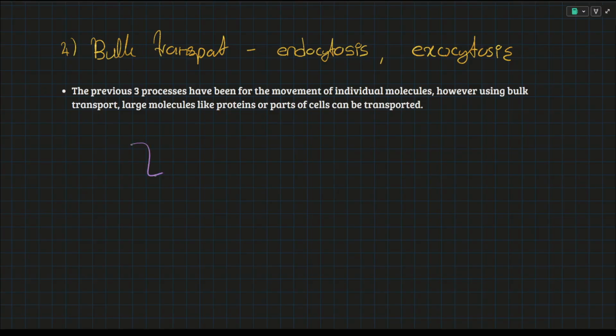Let me pick a color. I think purple's good. Right, endocytosis. Let me first tell you about endocytosis and exocytosis. Just think of exothermic and endothermic basically. Cytosis means we're taking things into cells.